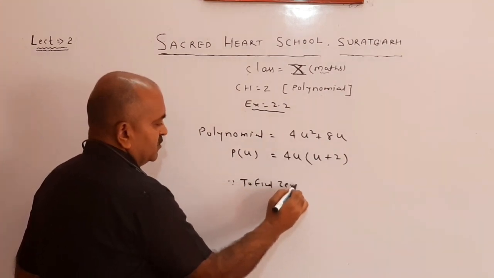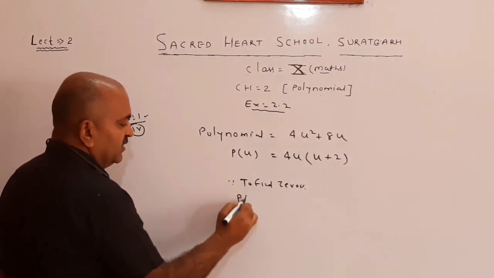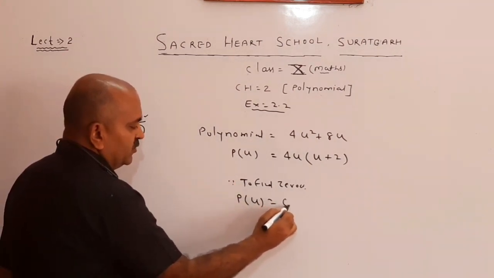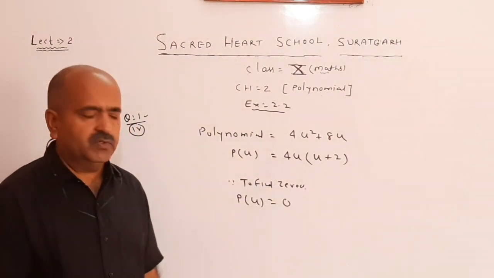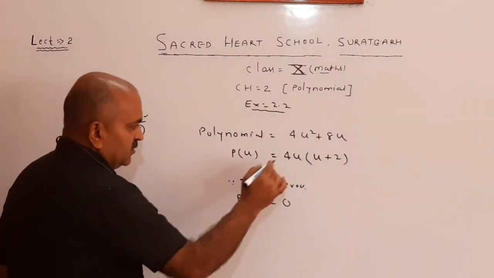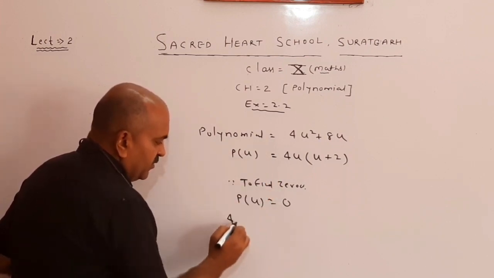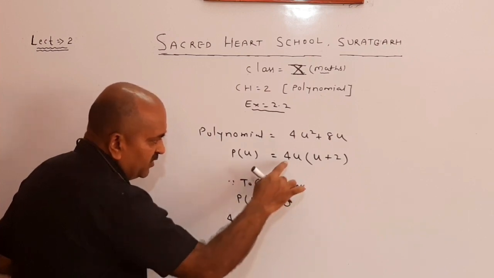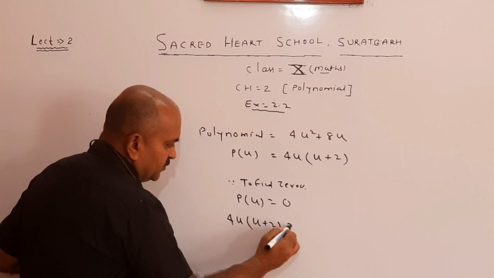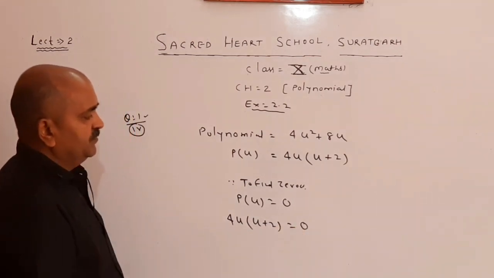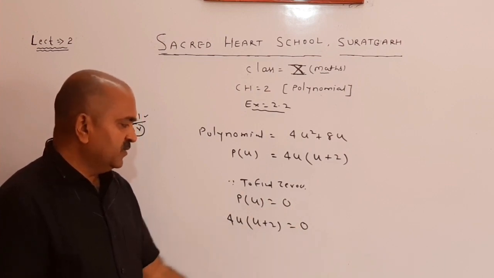To find zeros, we take this value equal to 0. p of u is 4u times u plus 2 equals 0.